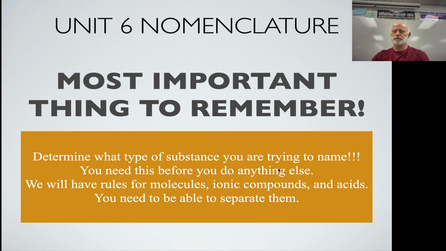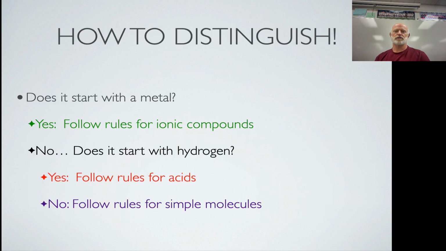How do we determine this? What do we gotta do? Well, it's actually a very simple question you need to ask yourself every time you take a look at a molecule or a compound or an acid. The first question is does it start with a metal? Okay, we know what metals are.